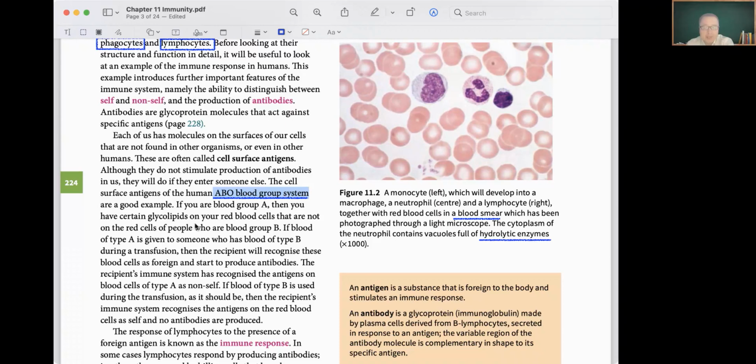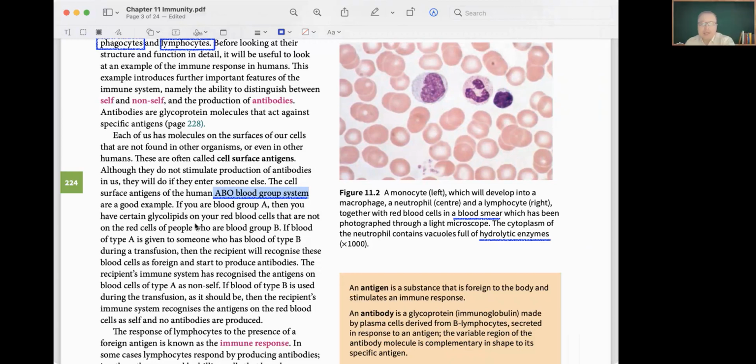Type B. So type A antigen cannot combine with type B antibody, right? In the same way, in type B blood, there is no type B antibody, but there is type A antibody. You know what I mean?